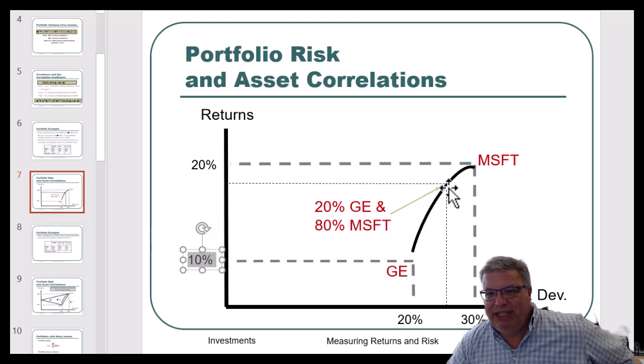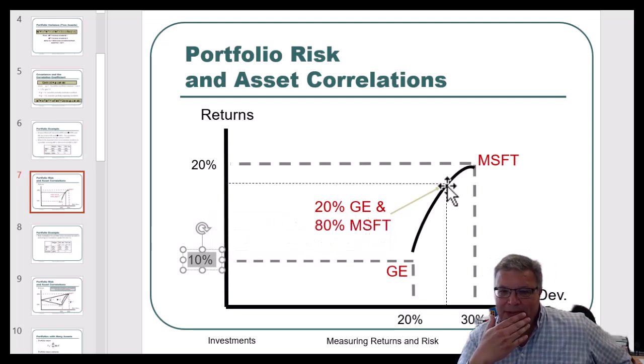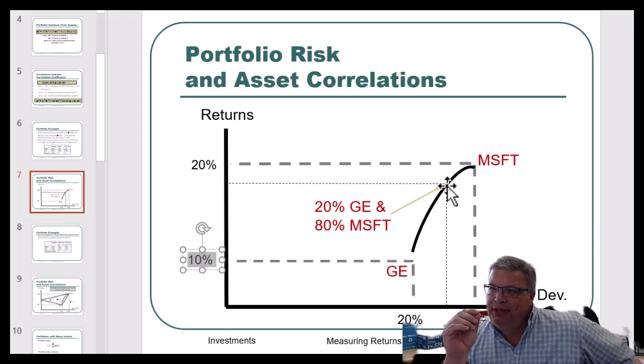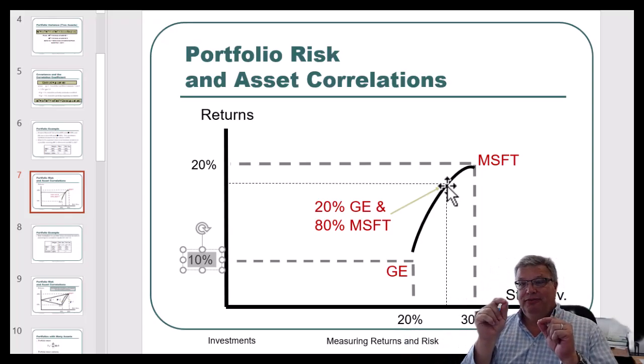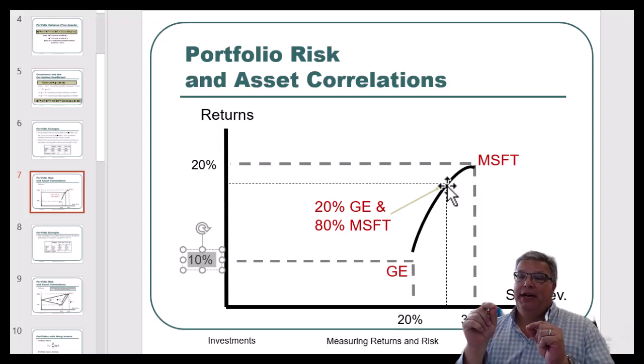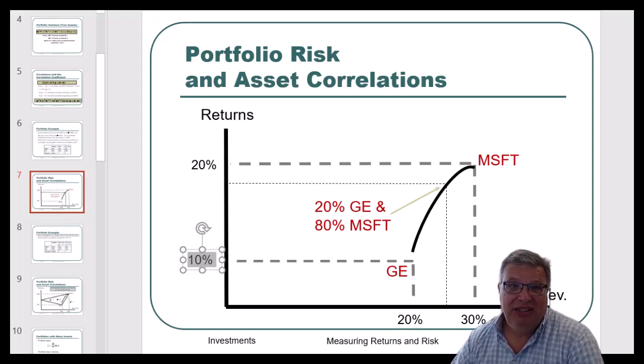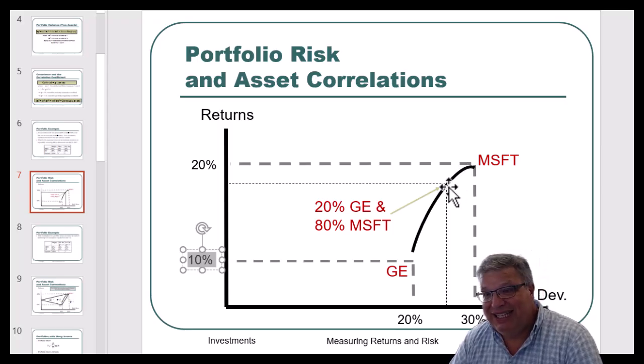And my point here is I want to show you that you would think when we combine Microsoft and GE into a portfolio, that point would be maybe on a straight line in between Microsoft and GE on this chart. But it turns out it's not.